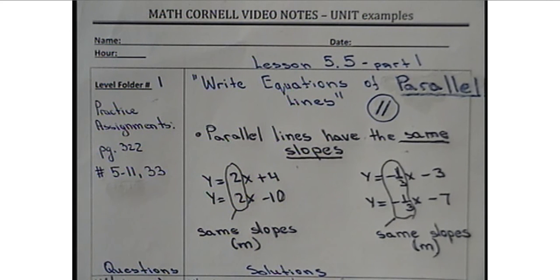So no matter what type of equations you have to work with, y equals mx plus b equations will be the ones that you can always check slopes. We know that the numbers in front of x represent the slope.